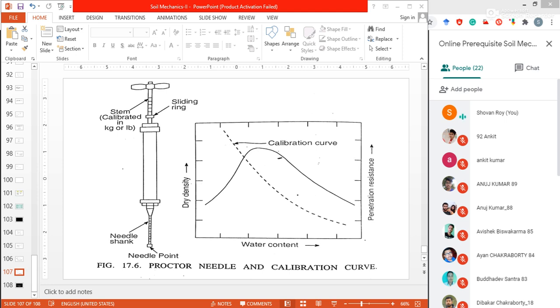But in your syllabus, this practical experiment is not given. How can we calculate the water content by the calcium carbide method? Another name for this method is the rapid method, because very quickly we can find out the water content of soil.